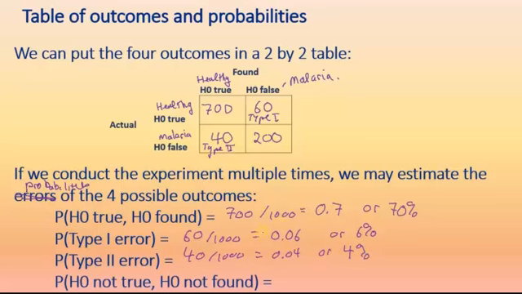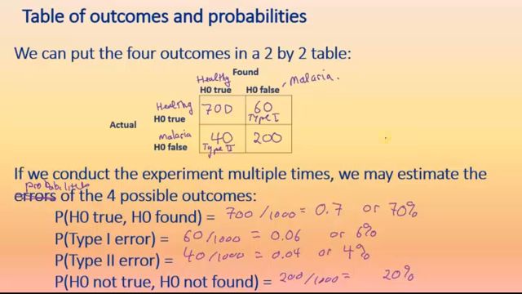And the probability that H0 is not true and H0 is not found, which is a correct option, is 200 over 1,000, which is equal to 20%. So you can see that 90% of the time the test gives a correct result, 6% of the time type 1 error, 4% of the time type 2 error.